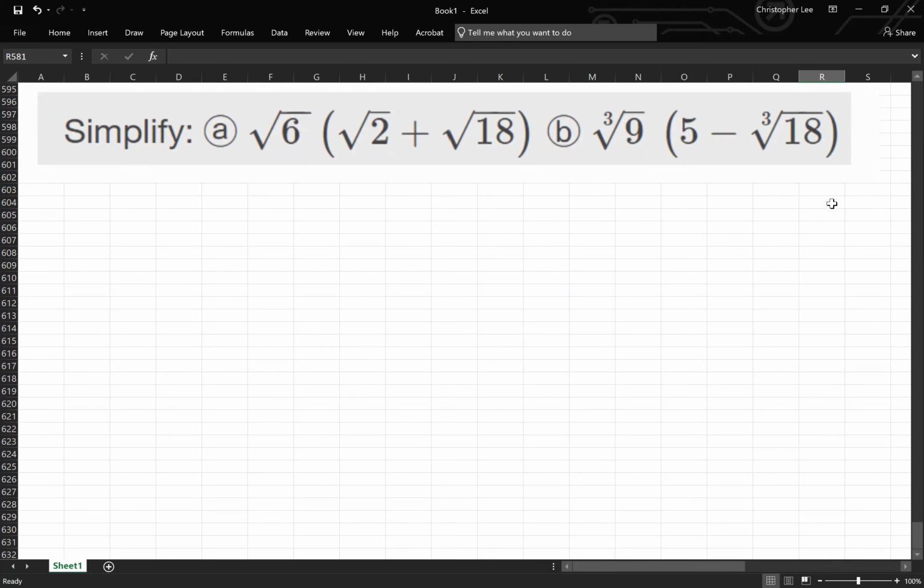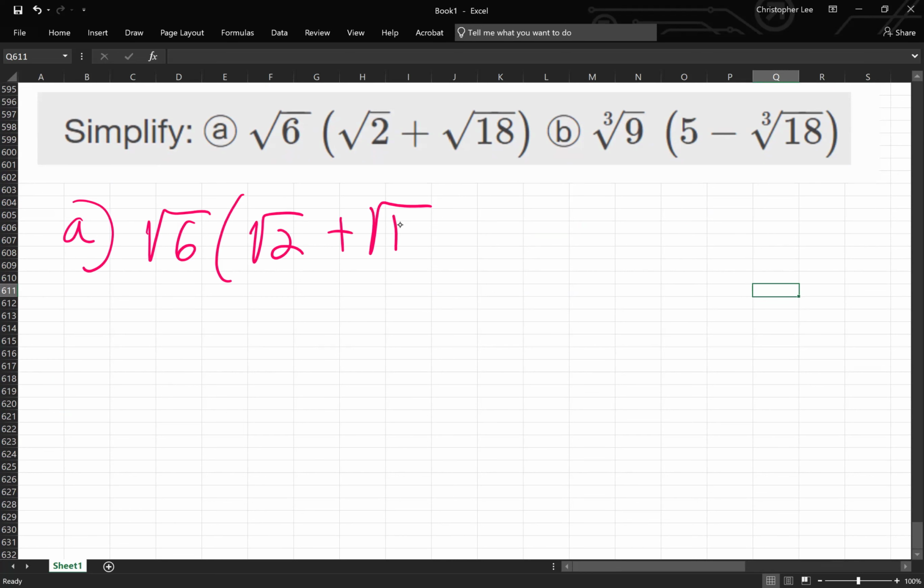All right, let's say for A, I have square root 6 times square root 2 plus square root 18. Now, I could simplify square root 18 a little bit.